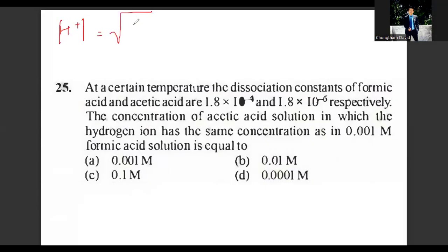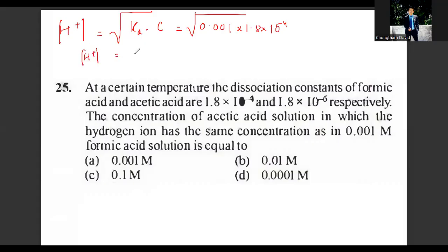We can say root over Ka into C. We can write 0.001 into 1.8 into 10 to the power minus 4. This is for formic acid.